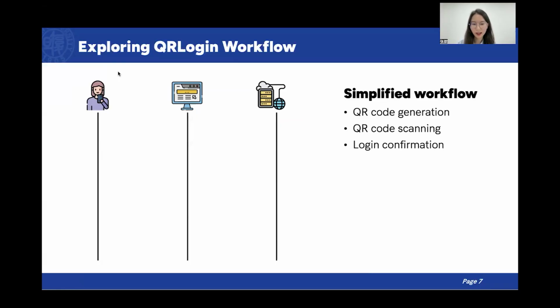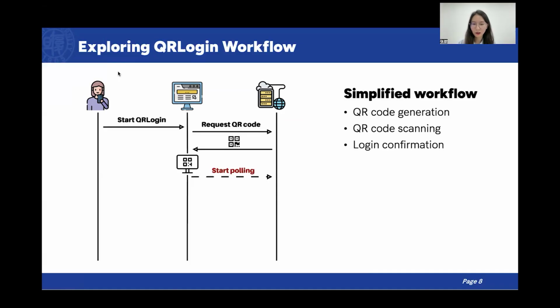Okay, let's begin by looking at a simplified QR login workflow to understand how the whole process works. First, the user visits a website on their computer and initiates QR login. The site generates a unique QR code, and the browser begins polling the server to check its status. Next, the user scans the QR code with the trusted app on their phone and taps Agree to confirm.